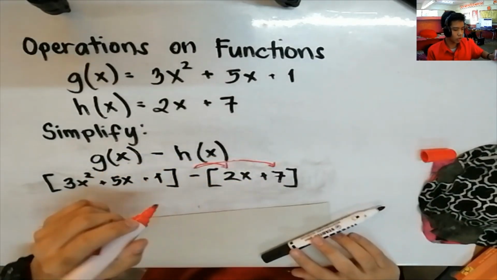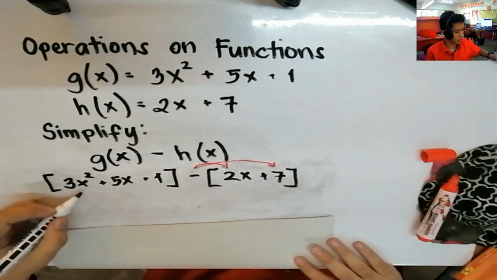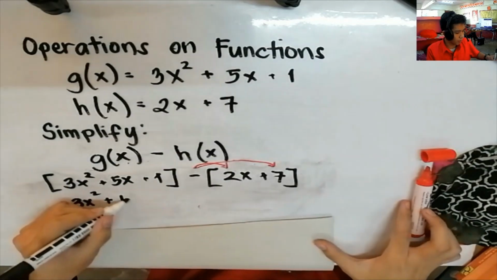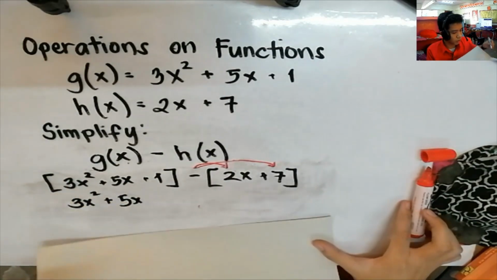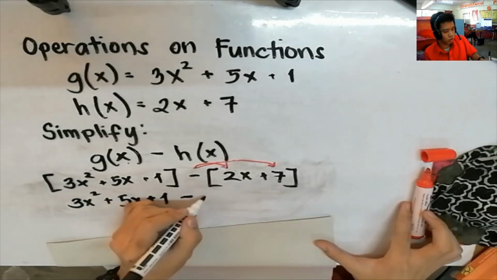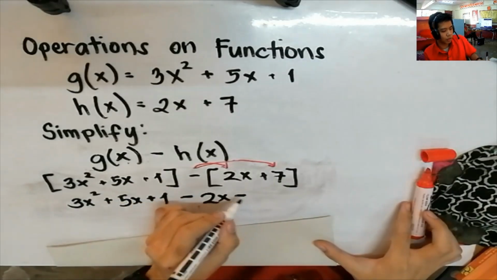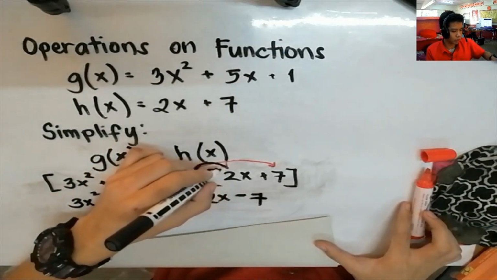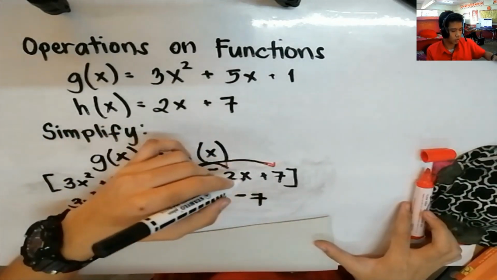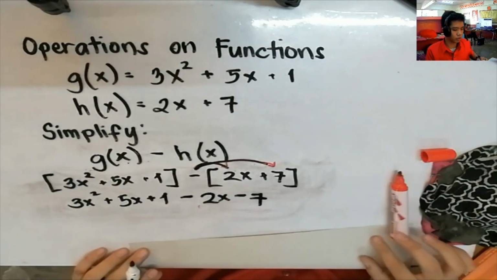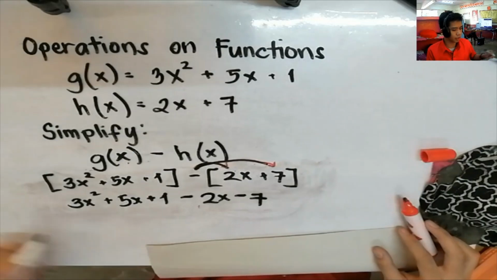So let's simplify. 3x squared plus 5x plus 1 minus 2x minus 7. Now, after this, you can combine similar terms.